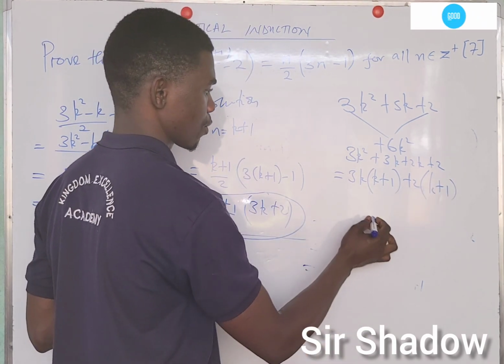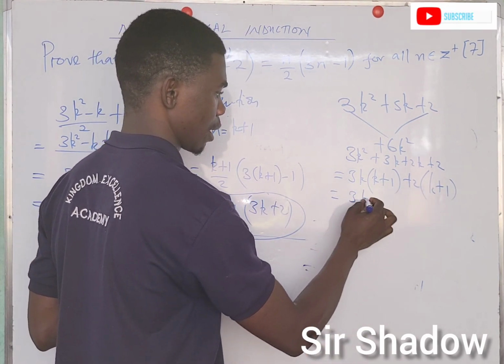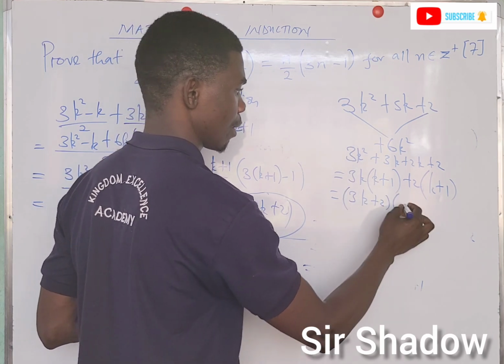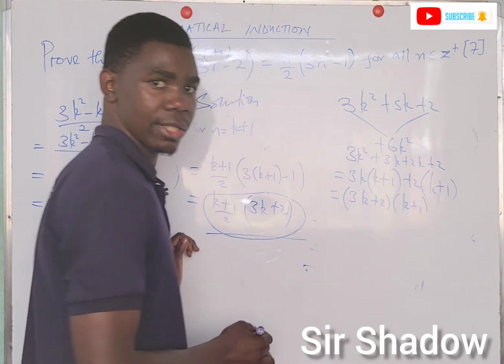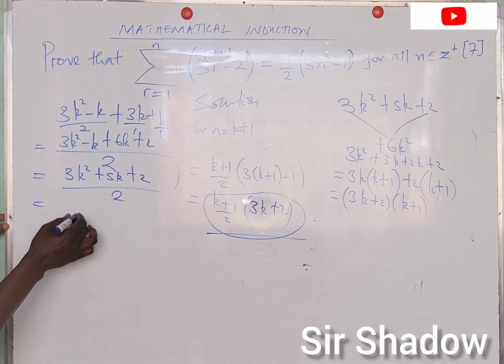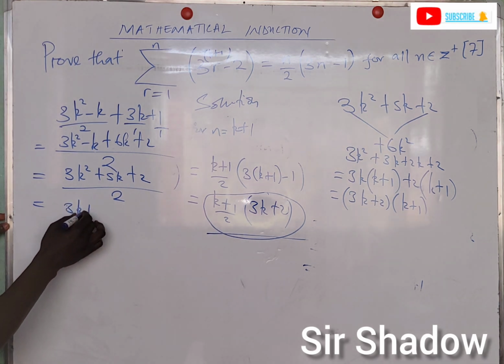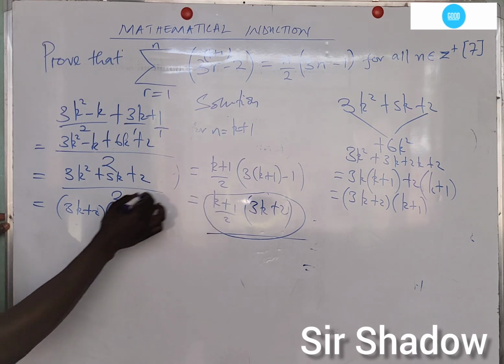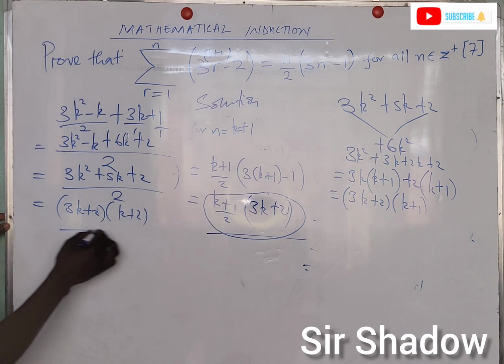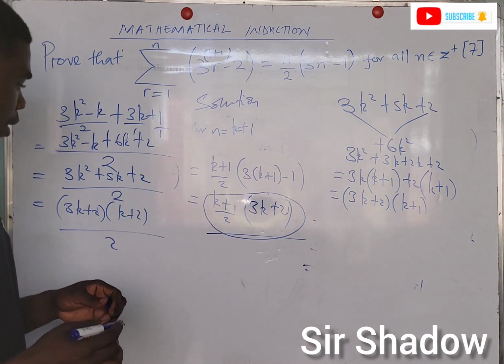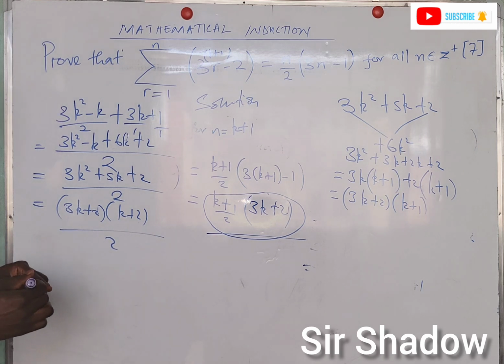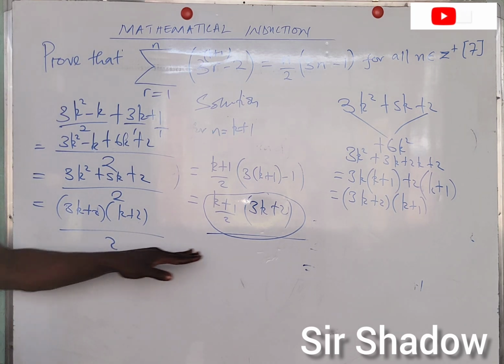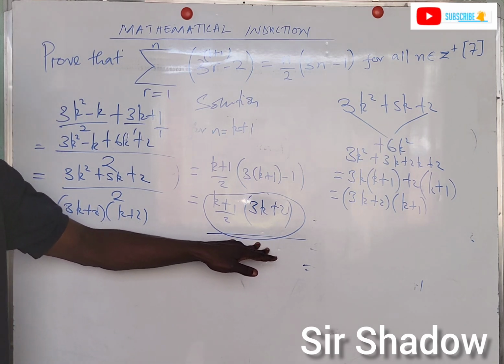So these brackets are equal. So we have 3k plus 2 in brackets, k plus 1 in brackets. So this is how to factorize, simple factorization. So we are saying 3k plus 2 and k plus 1, all over 2. Remember, this one should be equal to this. We assume true for n is k plus 1.